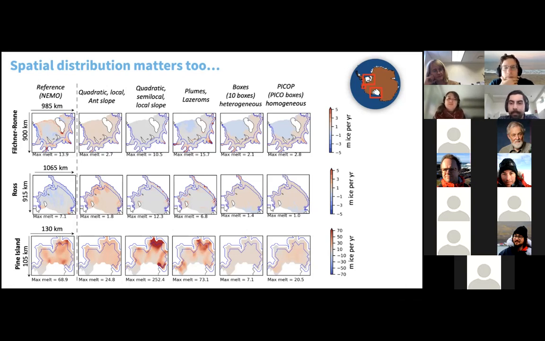Then some people suggested the quadratic might be better. And then the slope was suggested only a few years ago, the idea being that it would include more melt, because it was assumed that near the grounding line the slope is higher. So that's how you would get the highest melt there.